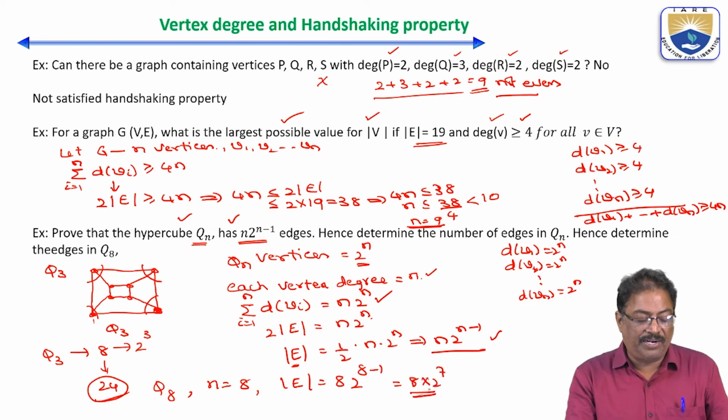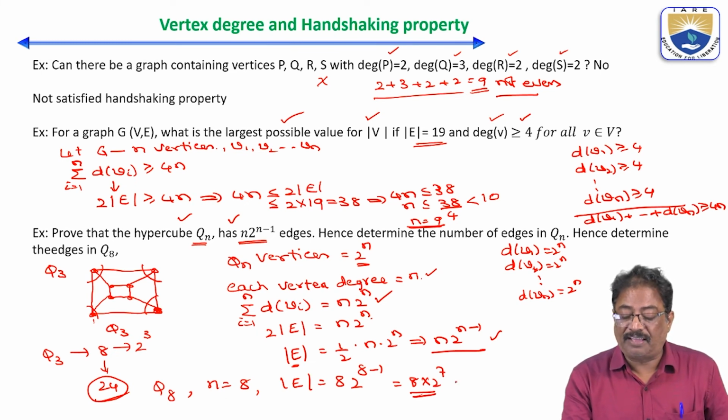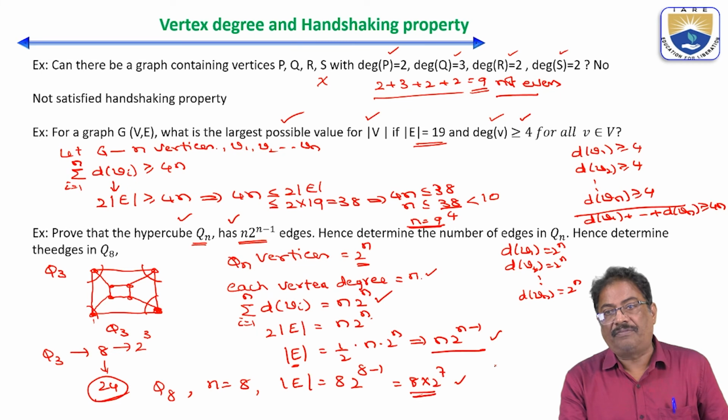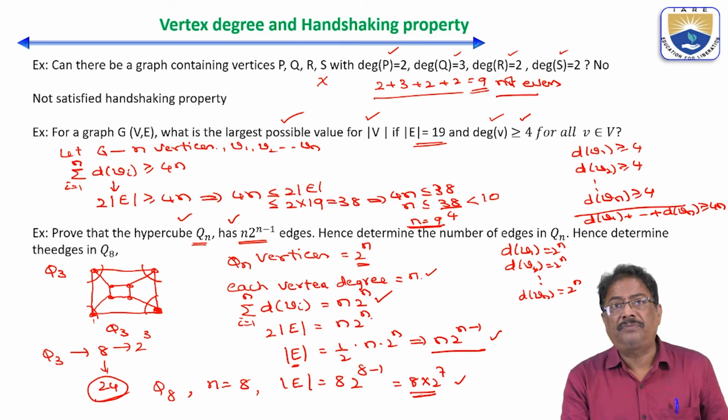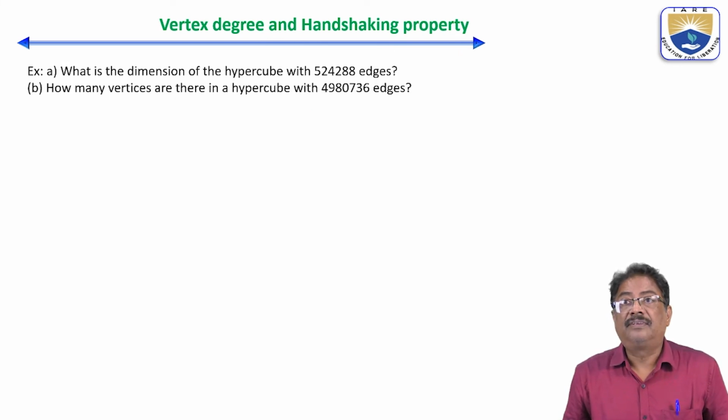So this many edges the hypercube Q8 has. Like this we can solve the problems, completely based on the handshaking properties.